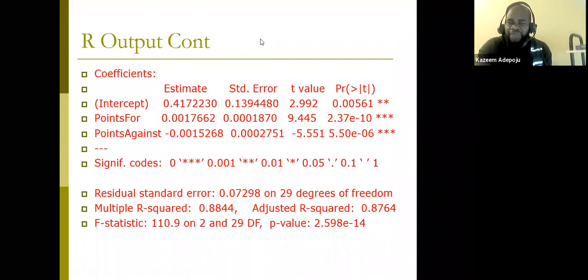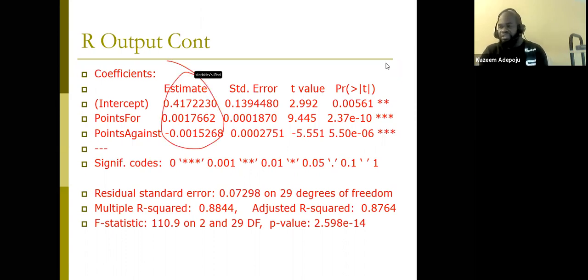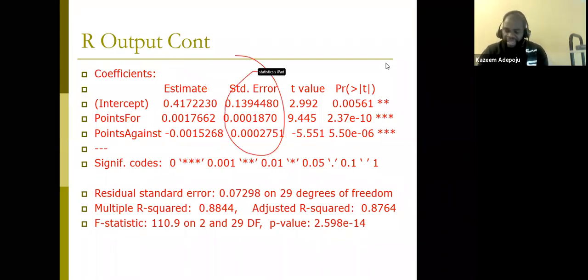Okay, so after running that, take a look at what I have now. That is actually the result. Can you see that now? That is the R output. And of course, in the R output, this is the estimate of the parameters. Can you see that now? And this is the standard error associated with the estimate.